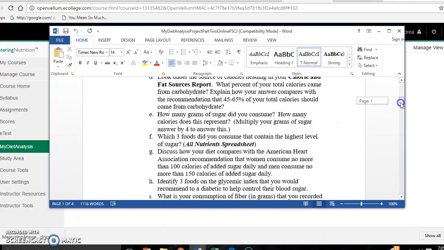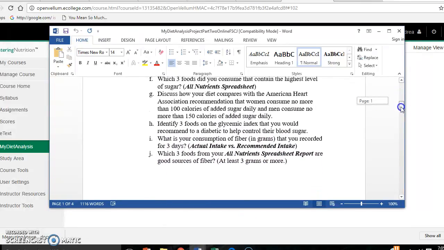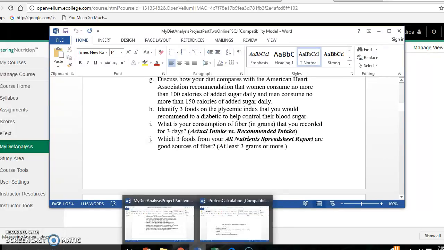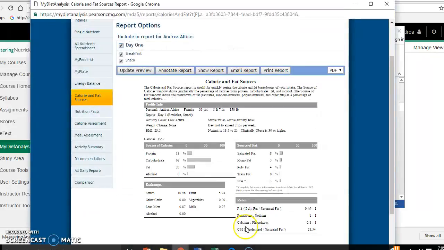Now, another question is asking you, what is the consumption of fiber in grams that you recorded for 3 days? And you have to go back to the actual intake versus the recommended intake report.